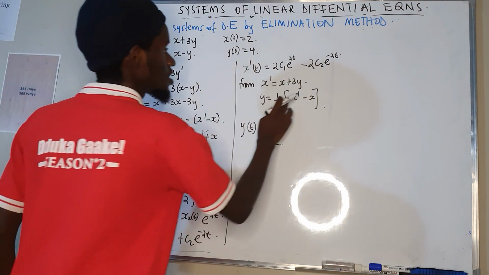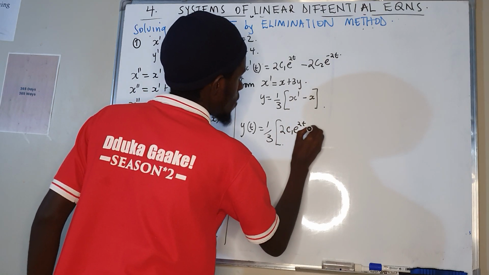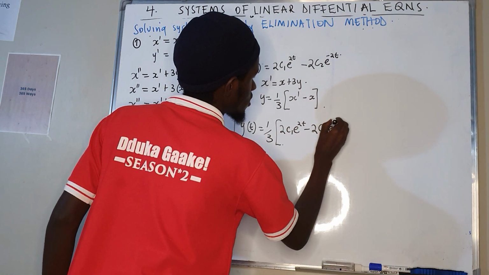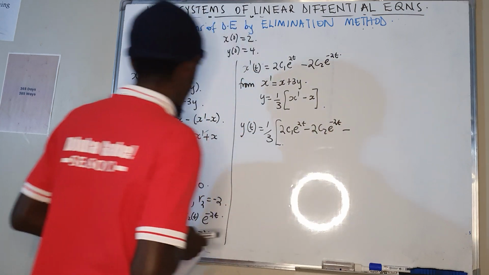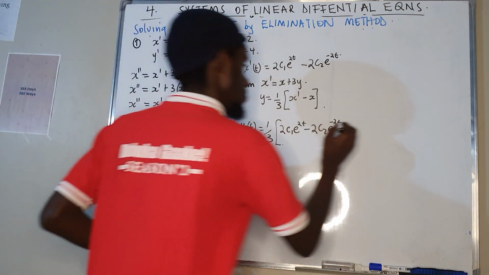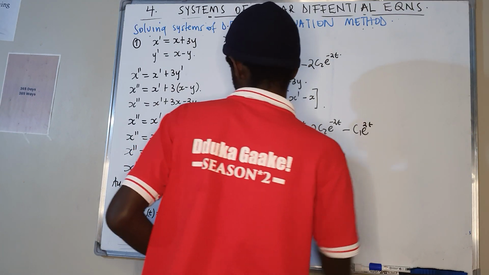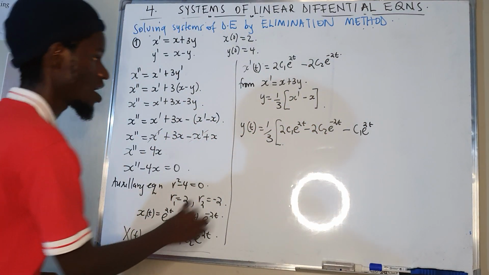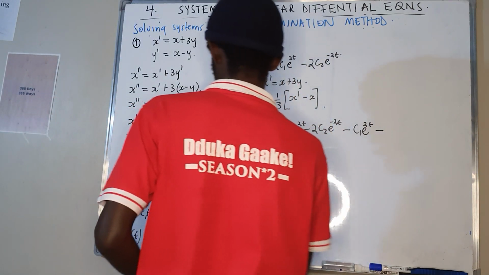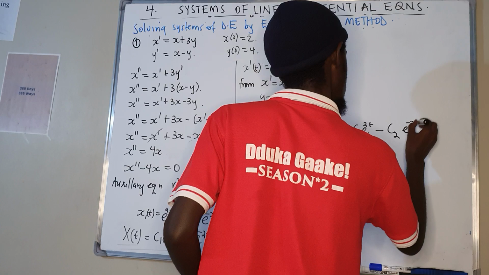Then it's the same as having x derivative is this one: I have 2c1 e power 2t minus 2c2 e power negative 2t. Then minus x is this one: I have c1 minus c1 e power 2t, because of the negative, so become a negative, I have minus c2 e power negative 2t.